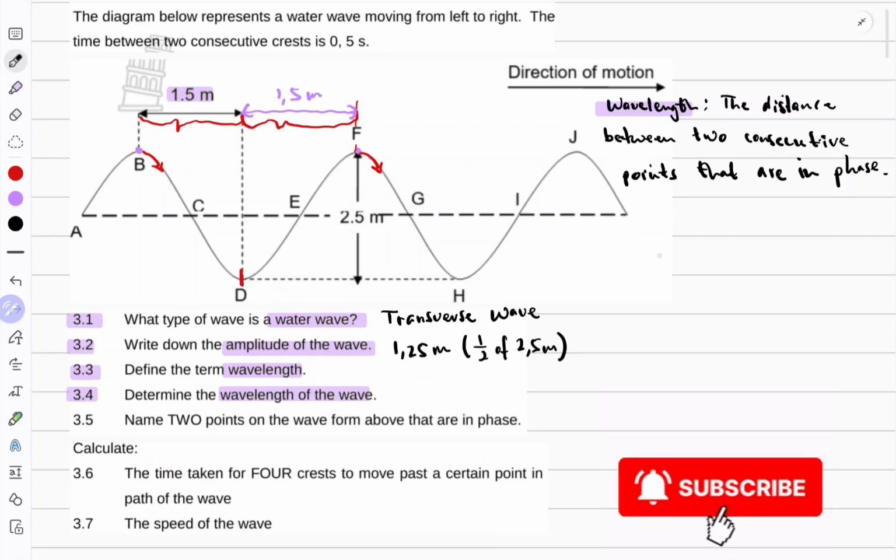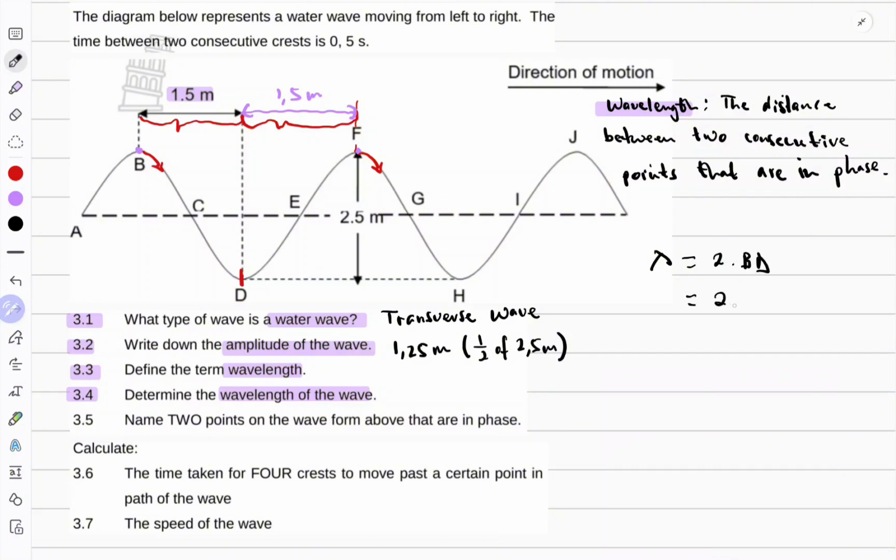So we can say that the wavelength is equal to 2 times the distance BD, which is equal to 2 times 1.5, which is equal to 3 meters. So your wavelength lambda is equal to 3 meters.